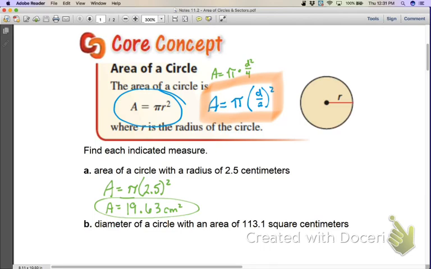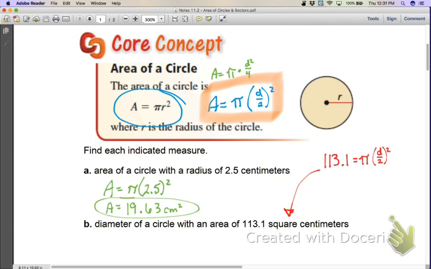What am I going to plug in for A? 113.1. Very good. Now, since I kind of cut some off here, I'm going to go over here and write 113.1 above. So this is really this problem right here. Equals pi times the diameter divided by 2 squared.